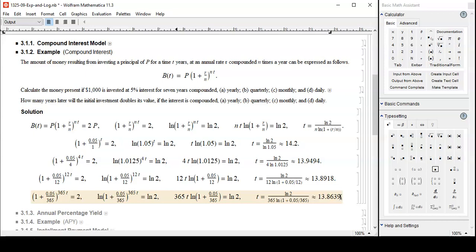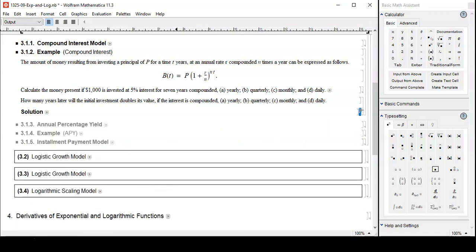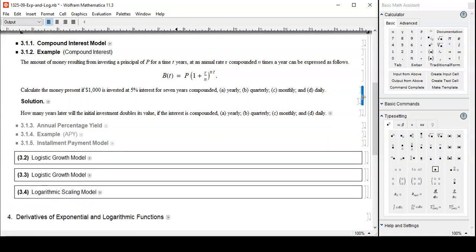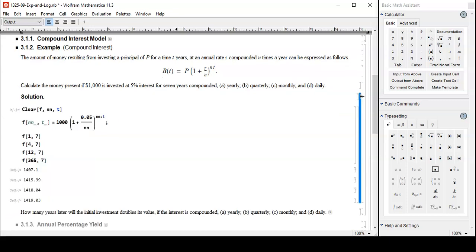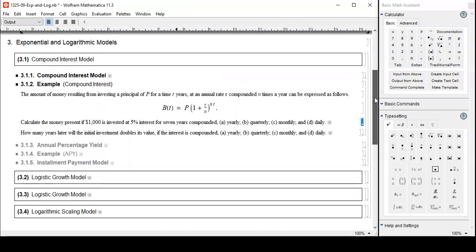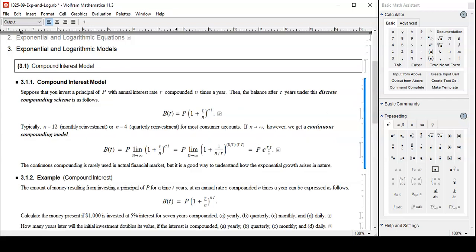So if you compound more often, then money will grow more quickly, but not infinitely quickly. It'll stop at exponential of rt, the continuous compounding case, this one.